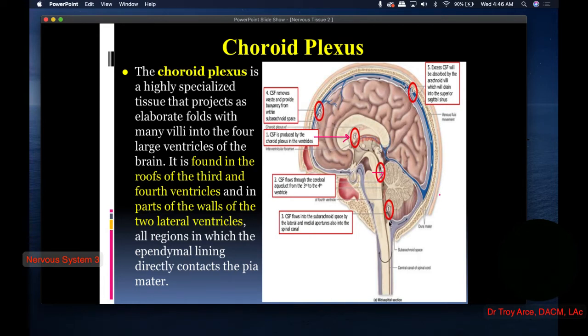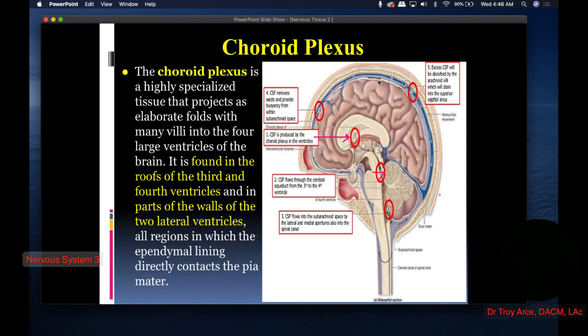And lateral and medial apertures also into the spinal canal that supports the spinal column, and the spinal cord goes down. And the CSF removes wastes and provides buoyancy from within the subarachnoid space.